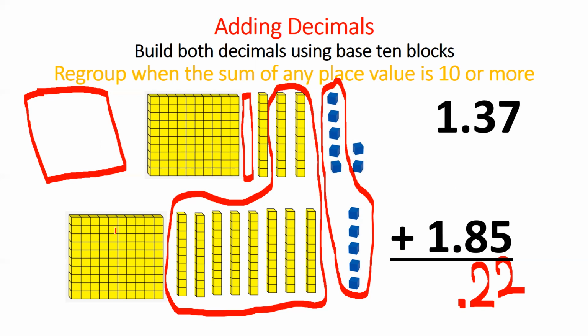So this represents 3 ones. So write down 3 here in the ones place.